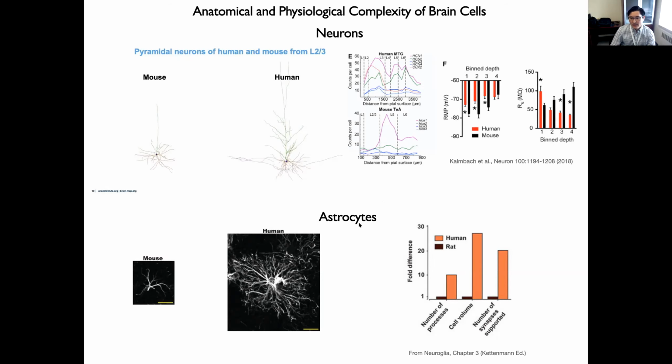And I'm looking here at the astrocytes, where you can see some very interesting differences in terms of the size and scale of, for example, the mouse astrocyte versus the human astrocyte, in terms of number of processes, cell volume, number of synapses that a single cell can associate with. So some really interesting differences between glial cells in the brain and how they might function in terms of cellular communication, physiology, and involvement in overall brain function.